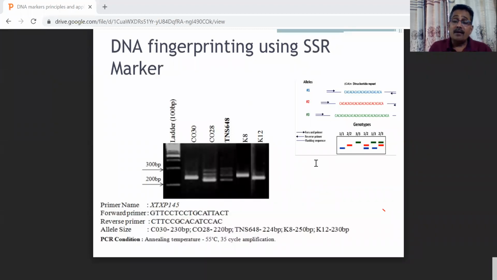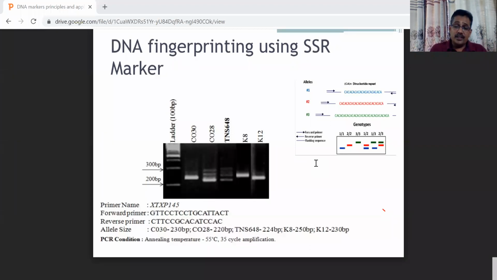That's why the available information on SSR markers is very huge on the crops, the model crops, and most of the cereal genomes which are sequenced have SSRs given. So in a very small lab, if you have a PCR machine and a simple agarose gel, you can run the PCR product, document it and show it. This is the key method where many people use SSR for fingerprinting.